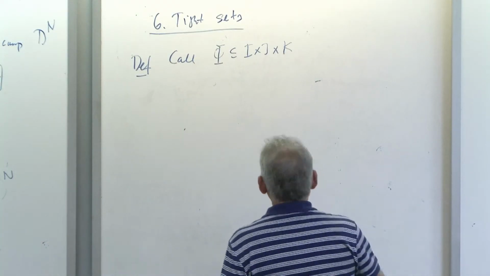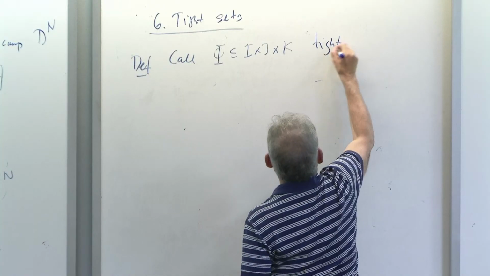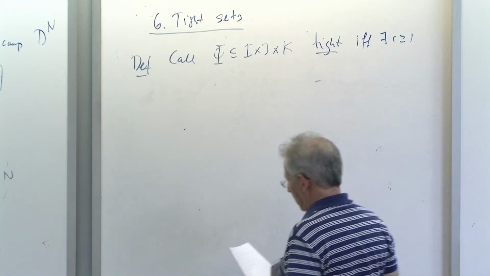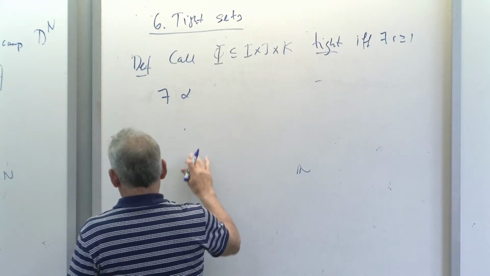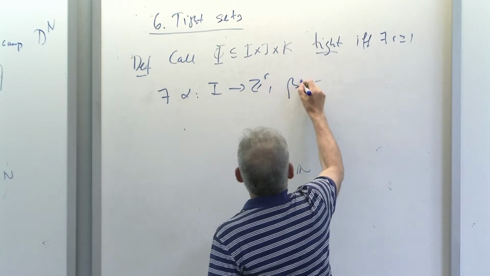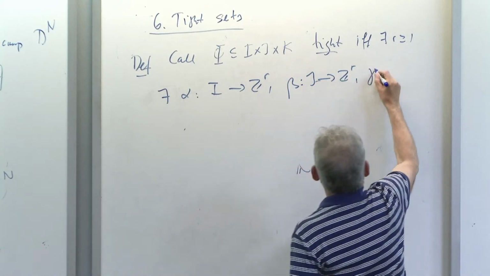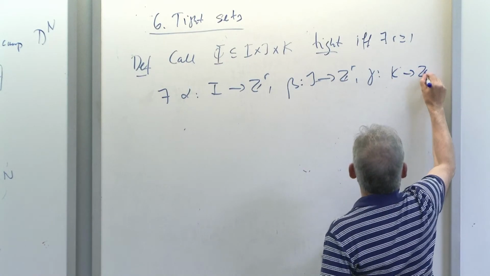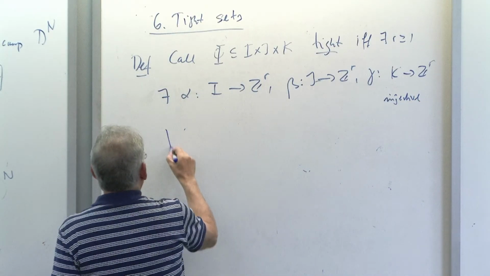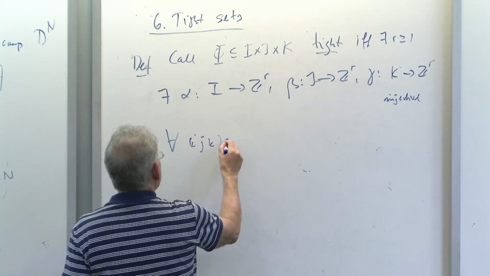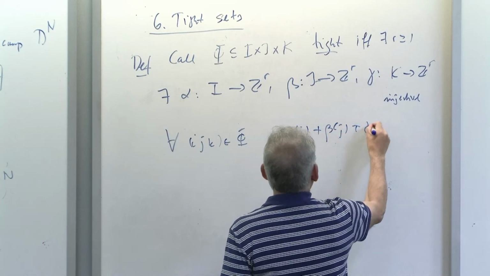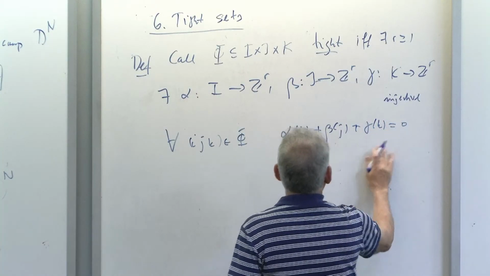I call this tight if there is some r, a natural number, and there are maps alpha, beta, gamma, this time injective, alpha from I to Z to the r, beta from J to Z to the r, gamma from K to Z to the r, and they should all be injective, such that for all i, j, k in Phi, this expression that we had before, alpha(i) plus beta(j) plus gamma(k), should be 0. That's the definition.